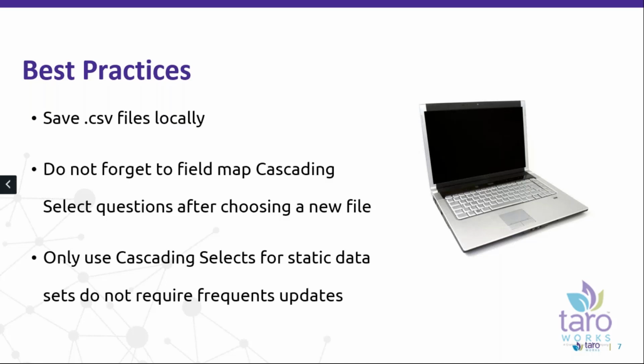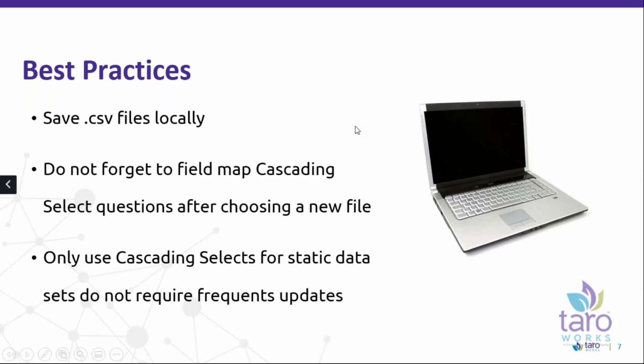So here we need to confirm the fields that are compatible with Cascading Select questions. So this is text, text area, long text area, and rich text area. So those are the fields that will be compatible with your Cascading Select question. Okay, go ahead, Nelly. Okay, thank you, Tabitha.